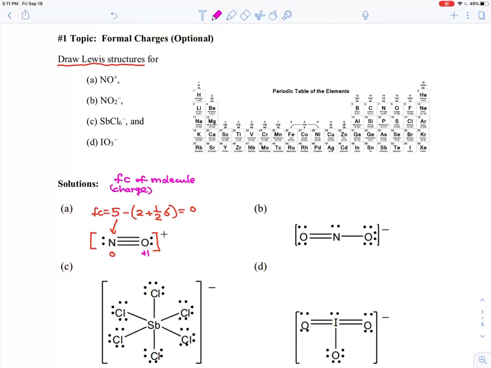I would just say the formal charge of the molecule is a summation of the formal charges of all the atoms. So if you have the formal charges of all the atoms, first one to the last one, you don't have to calculate the last one because it is just what is left over.